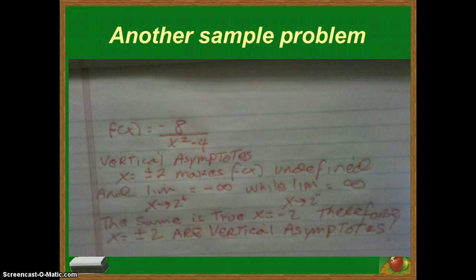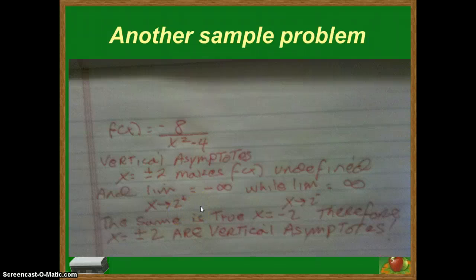If I come in with numbers slightly larger than 2, because that would be from the right, then that denominator is going to be a positive fraction. So when I flip it, I'm going to get infinity, but the negative sign in the original problem would make it negative infinity. So the limit as x approaches 2 from the right would be negative infinity.